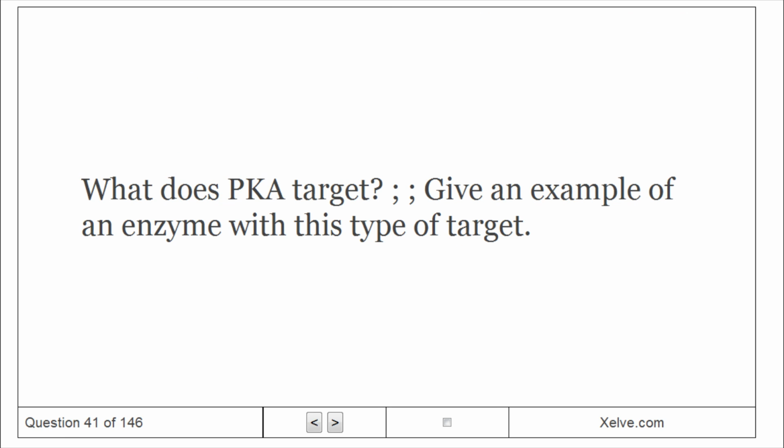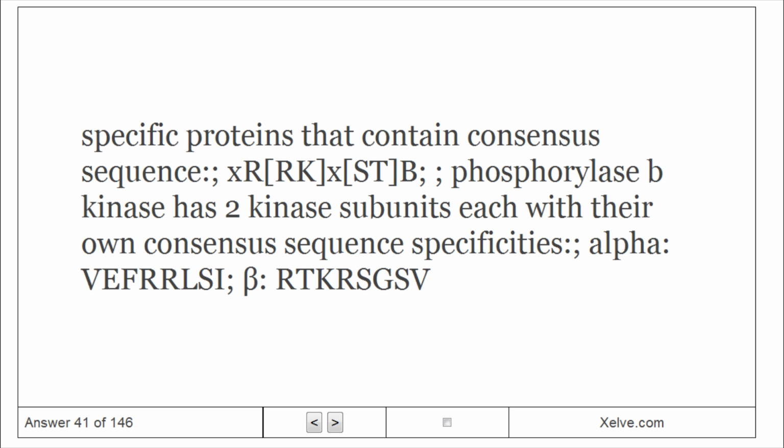What does PKA target? Give an example of an enzyme with this type of target. Specific proteins that contain a consensus sequence, X-R-R/K-X-S/T-B. Phosphorylase B kinase has 2 kinase subunits, each with their own consensus sequence specificities: alpha, BEFRRLSI, beta, RTKRSGSV.